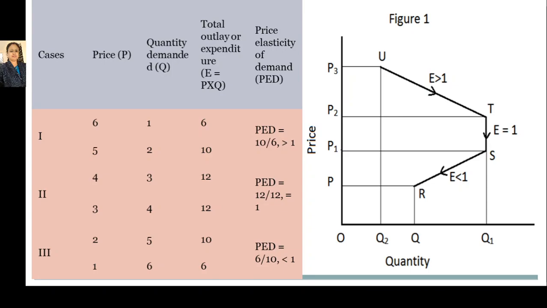So what we find is that when price falls from 6 to 5, total expenditure rises from 6 to 10. So, in this situation, when price falls and quantity rises, price and total expenditure move in the opposite direction. It is the case of ED greater than 1.